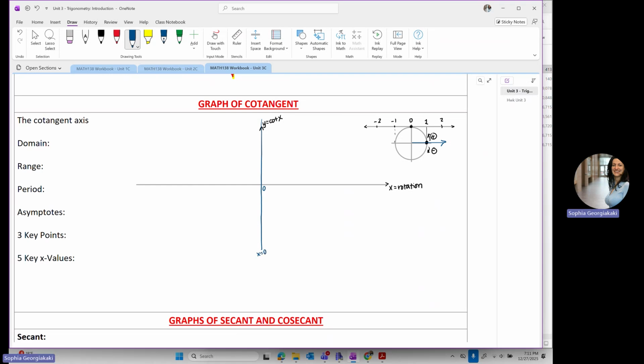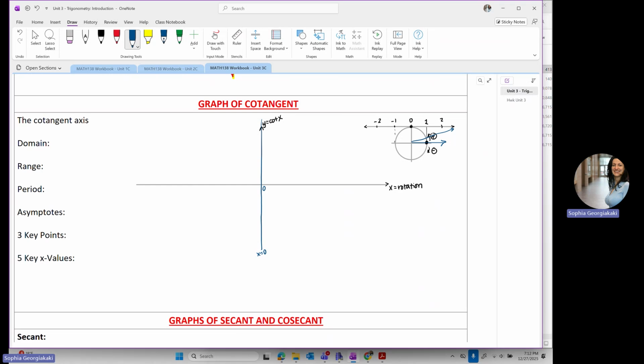That I cannot cross. And then as soon as I start moving over from 0 in the positive direction, this terminal side will intersect the cotangent axis at some very large positive number.